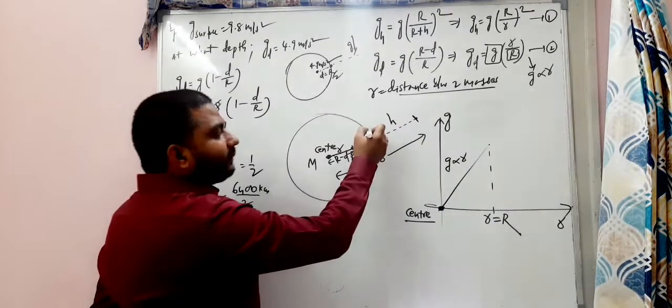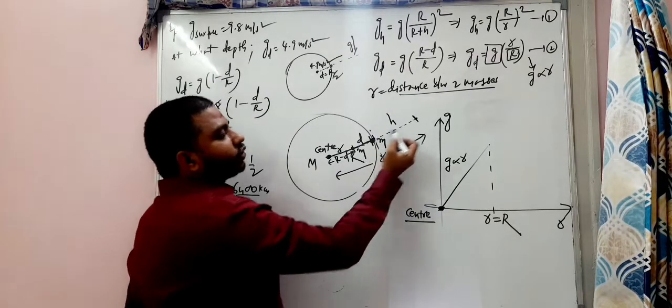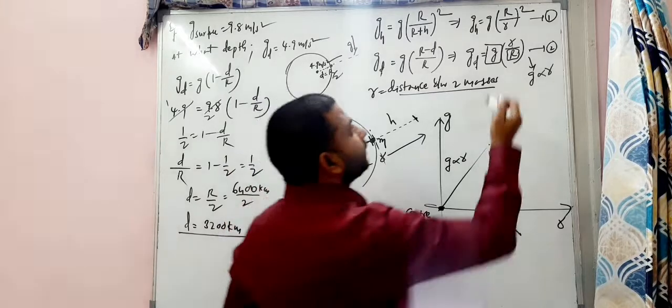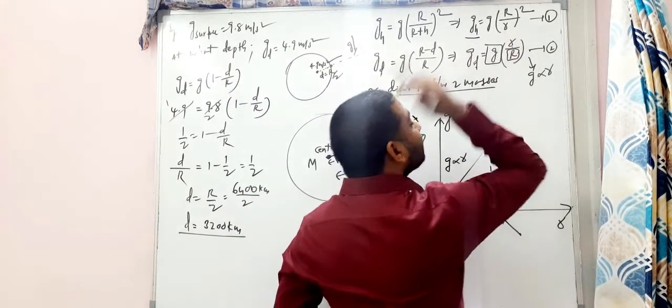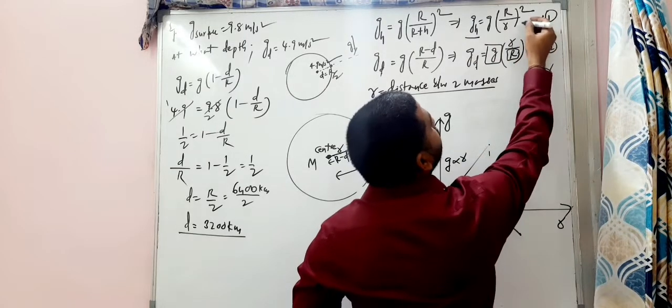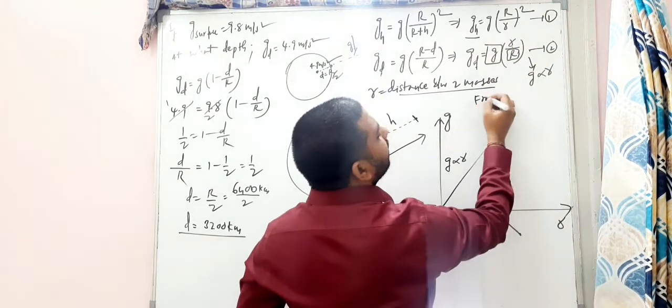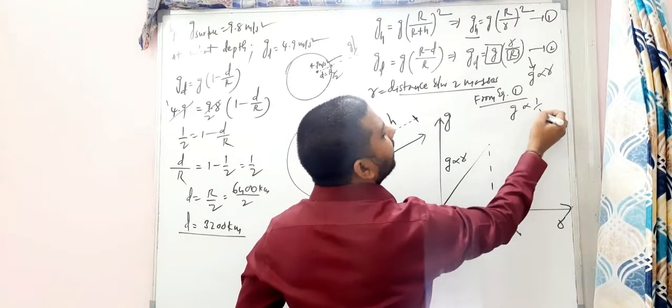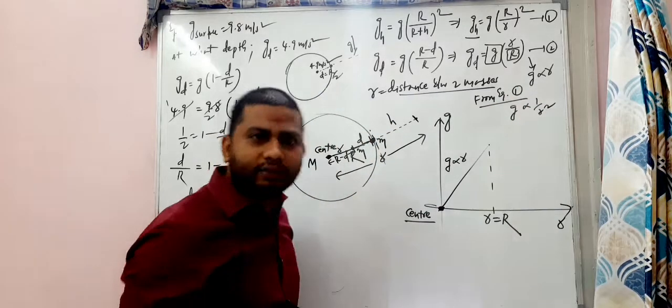Now, from the center, when you are taking the body to some heights, acceleration due to gravity becomes how much? At some height, it is g R squared by r squared. So from equation 1, small g is inversely proportional to r squared.